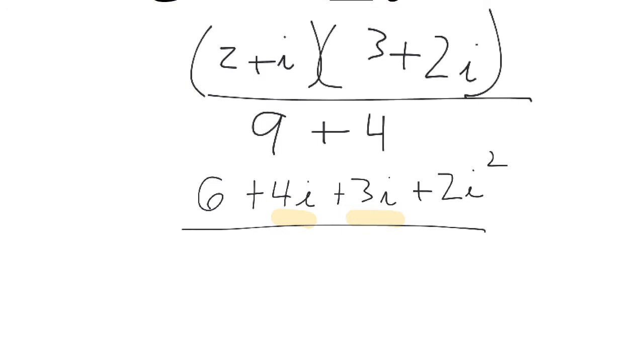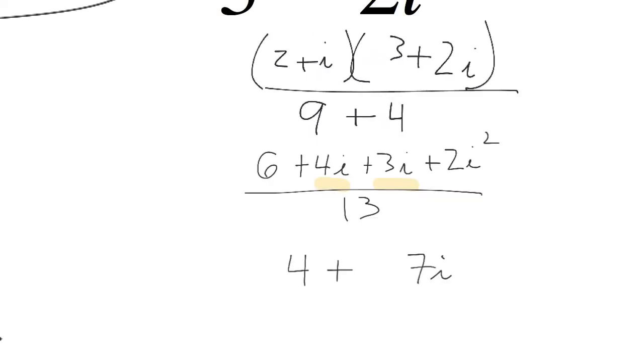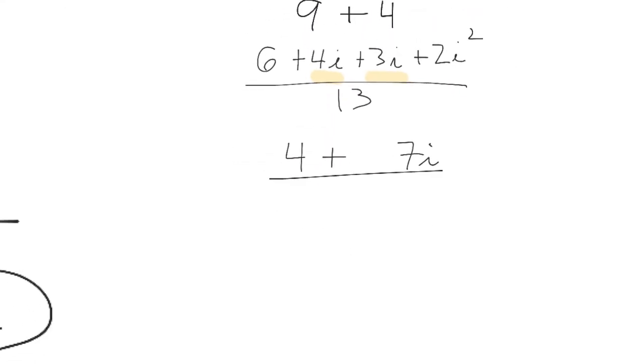Combining the like terms, you get 4i plus 3i, which is 7i. And 2i squared turns into negative 2, so 6 plus negative 2 is positive 4. That gives 4 plus 7i all over 13. And if you break it up into a plus bi format, it becomes 4 over 13 plus 7 over 13i.